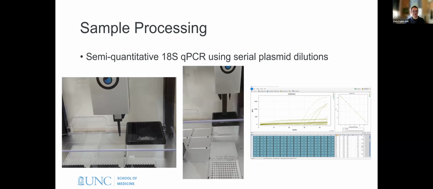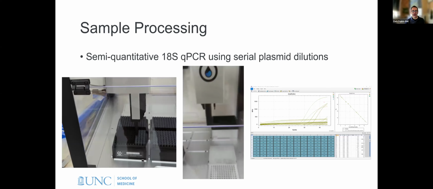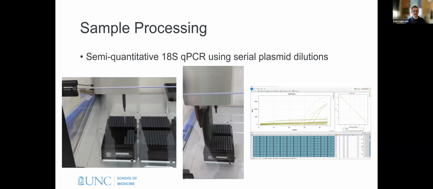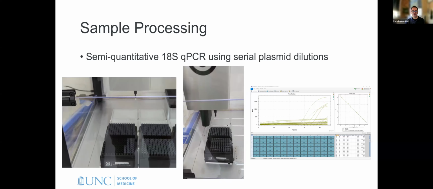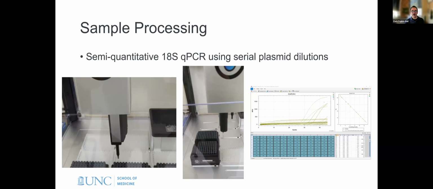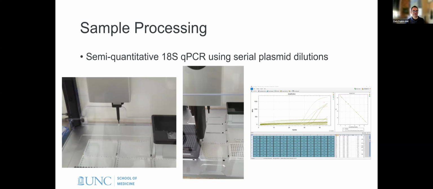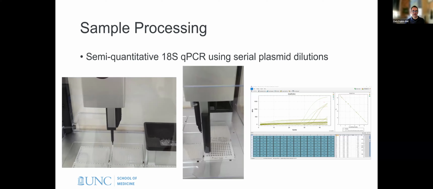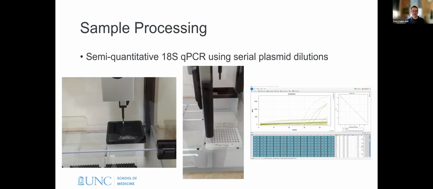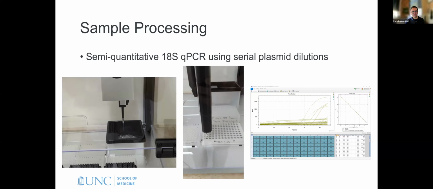So that makes things run a lot faster, a lot more accurately. And then on the right, I'm just showing you a sample of what our qPCR curves look like. So to do this analysis, we used a semi-quantitative 18S qPCR using serial plasmid dilutions. So we're running a separate qPCR for each species.